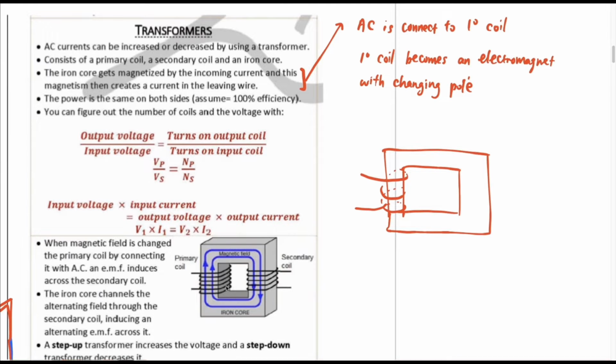They may have maybe thousands of rounds, but I just draw three rounds only. Like I said, alternating current is where the current keeps changing direction. At this moment, let's say the current enters from here, turns one round, goes backwards, and backwards, and then comes up.